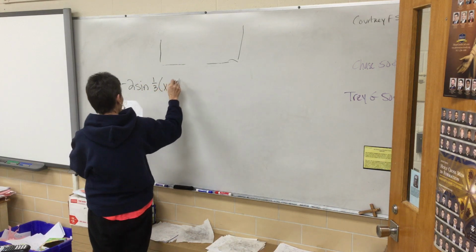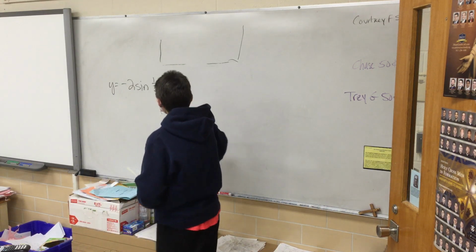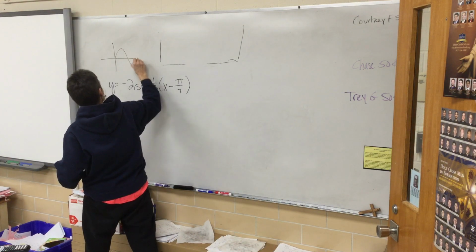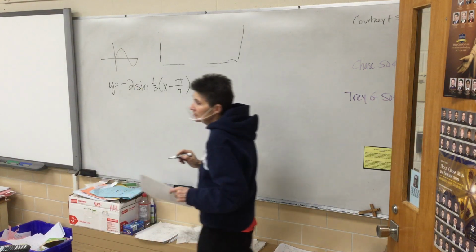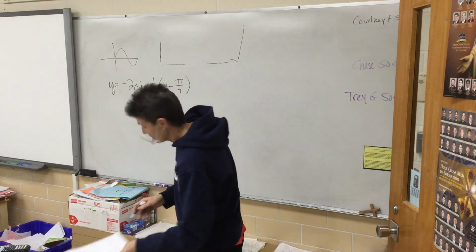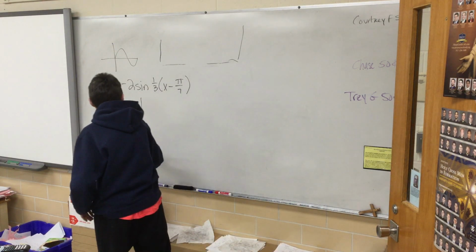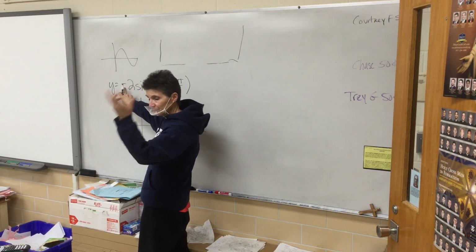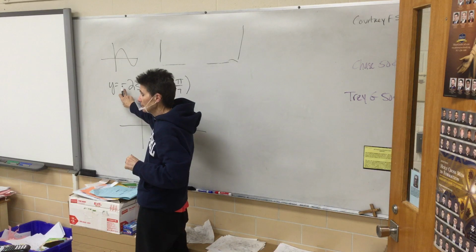It is a sine curve. So we know what a sine curve looks like. So that's the shape I'm going to have. But there's a couple of things that have changed. First of all, what does that negative do? Upside down.